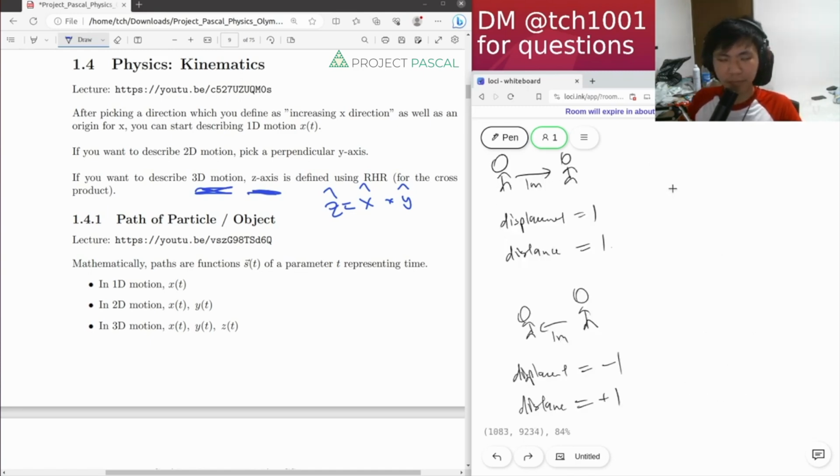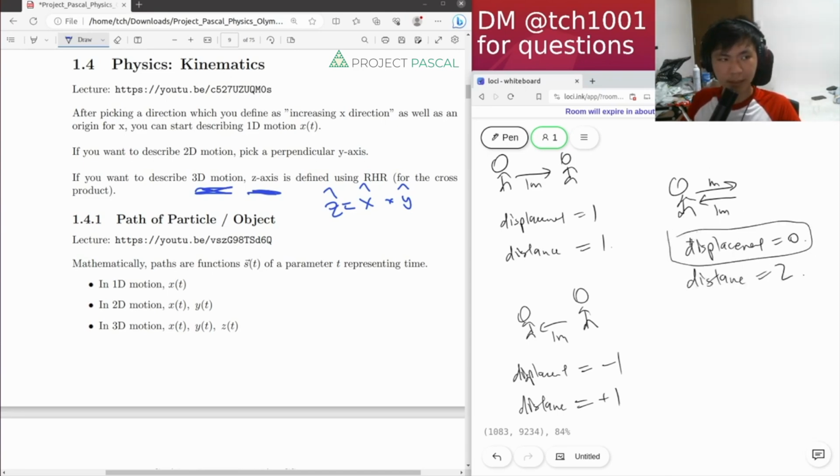Now this concept of displacement is important because if I move to the right by 1 meter and I move left immediately by 1 meter, my total displacement is 0 meters, right? Because moving left by 1 meter undid my moving to the right. But my distance traveled is actually 2 meters. So displacement is sensitive to the direction you travel in. Moving right versus moving left will differ by a minus sign.